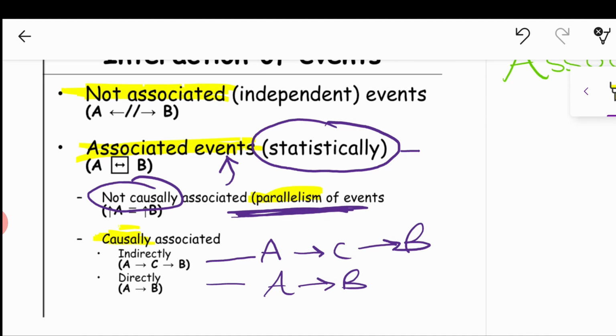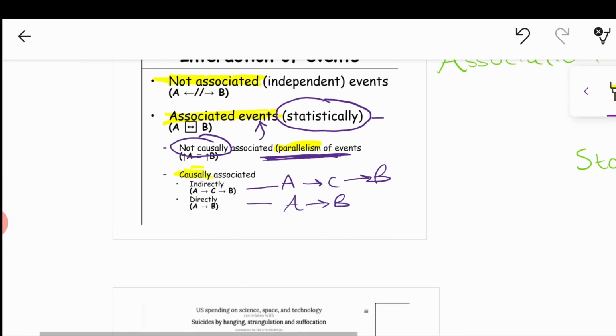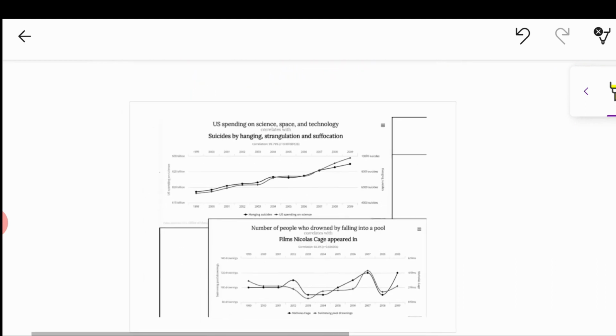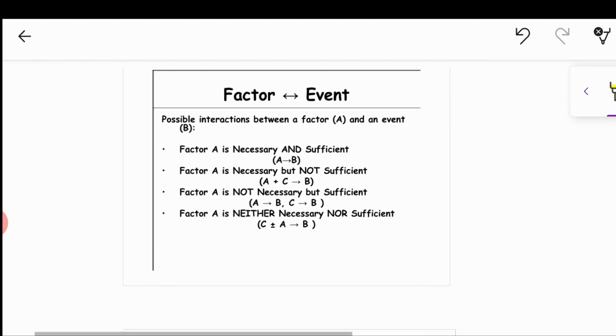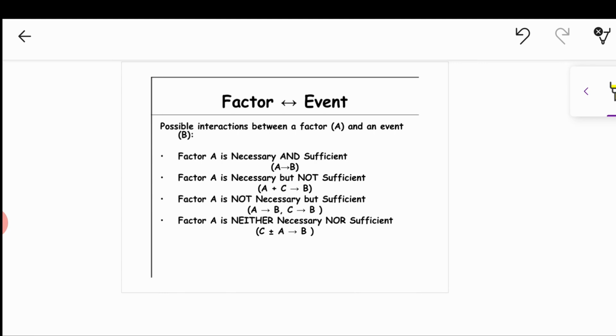Just because A is having an effect on B and it looks like there is some causation does not mean it is, and that's parallelism. Yeah, this is a bit weird to get your head around. Even I'm struggling a lot with this lecture, but yeah, just keep going over it. I'm sure you'll get a grasp of it.